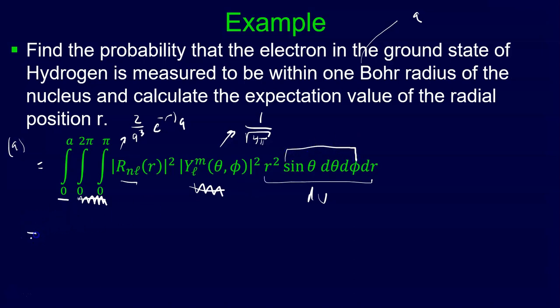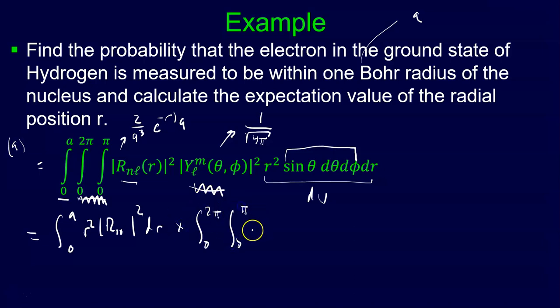If you write this all out, you can write it as the integral from 0 to a of r squared, R10 squared dr, and then all that times the angular parts of our integral.